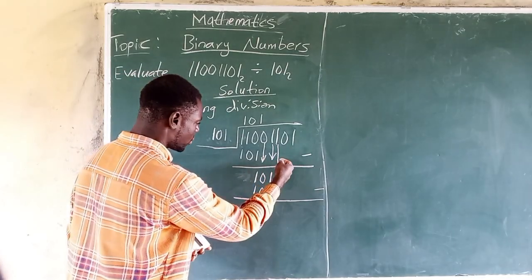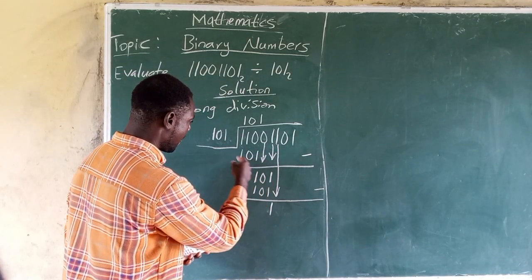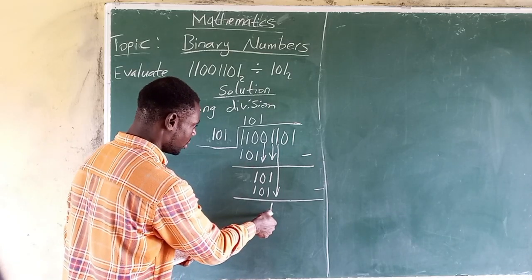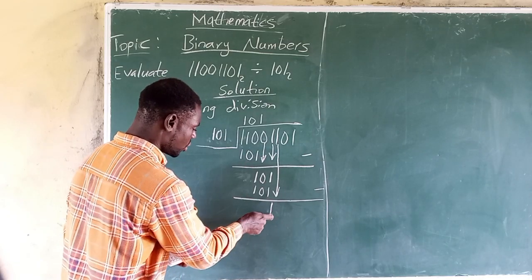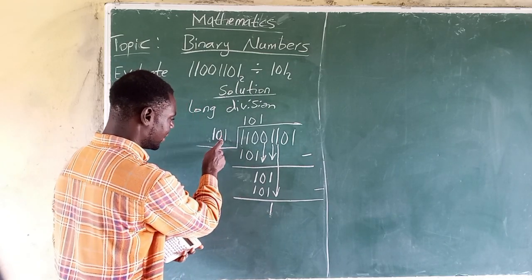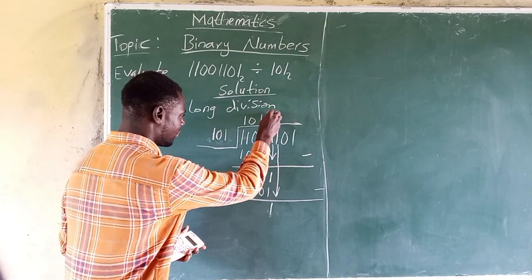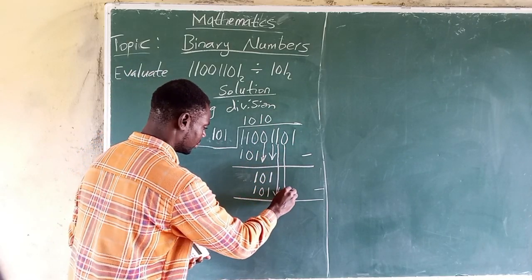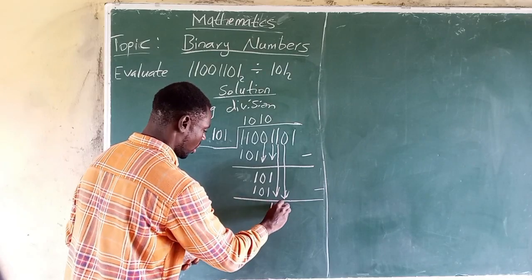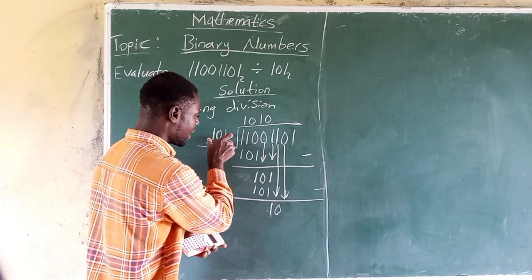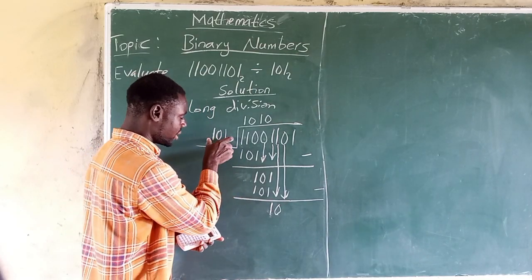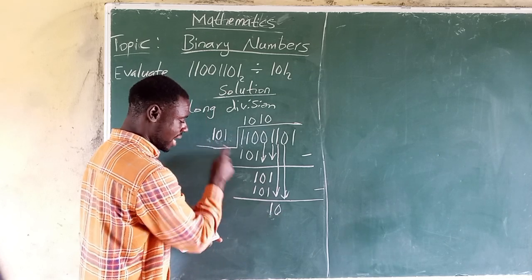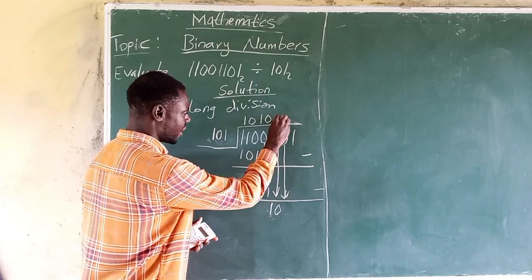Now can this divide this? It cannot, right? This 1 cannot be divided by this. So you have 0 here, then you bring down this 0, it becomes 10. Guys, can 10 be divided by 101? It cannot, so you put down 0 here.